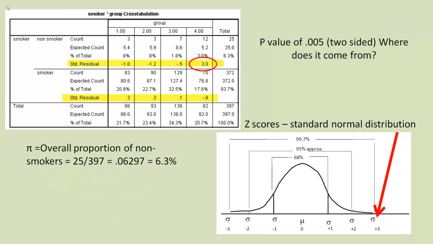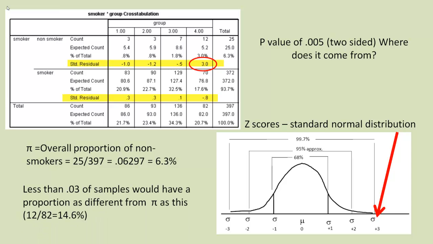So if we look at our overall proportion, which we're talking about, which was 6.3%, that would be equivalent to a value of 0 on our standard normal distribution. So our standardized residual of 3 is referring to where that red arrow goes, which is way out.